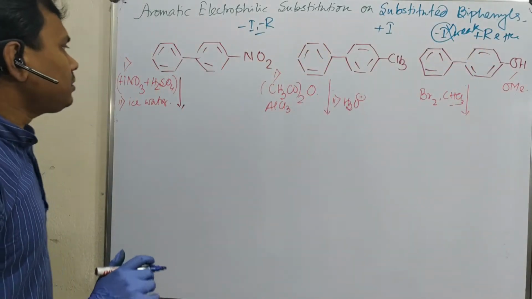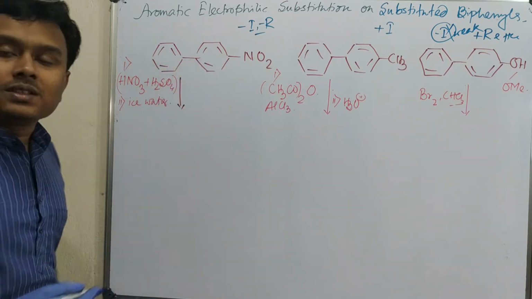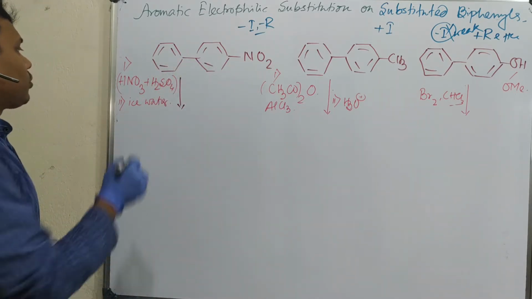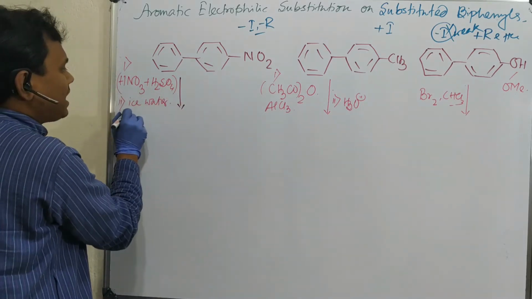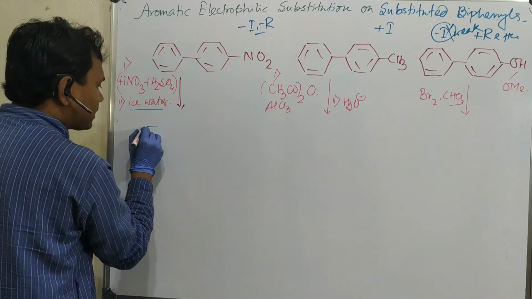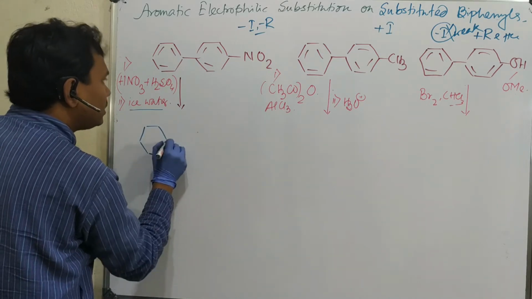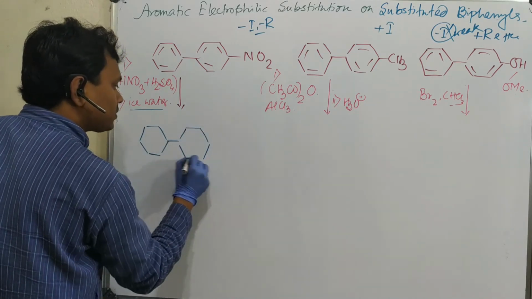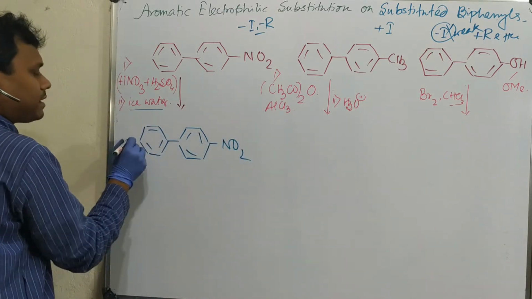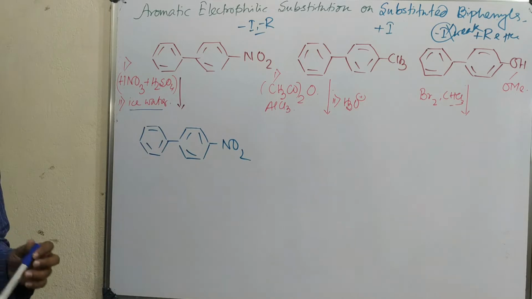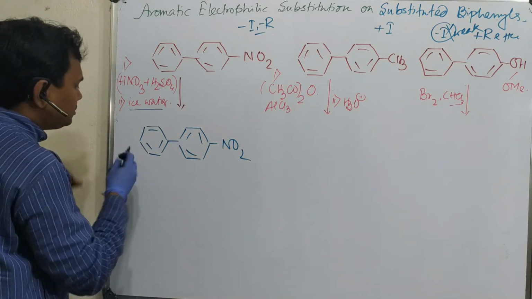Okay, fine. Now, you can see this is a nitro derivative. So first question, let me write the product. This is mixed acid, as I told, nitronium ion, and ice water. What will be the product? Ice water is for the workup. I'll explain slowly. So this is the nitro group we originally have, and the second nitration will happen at this carbon.